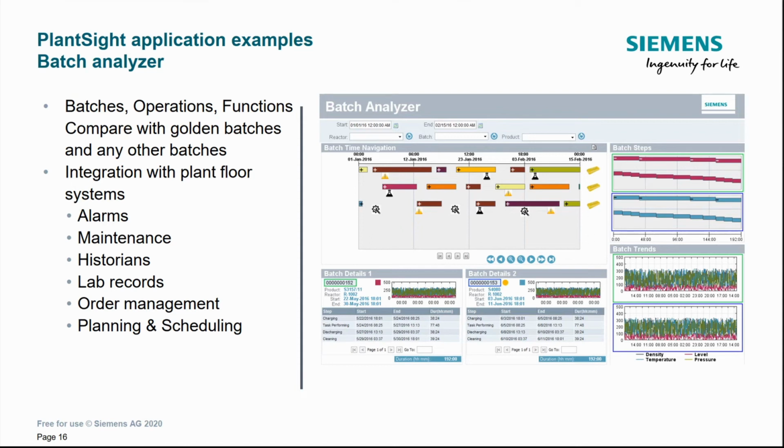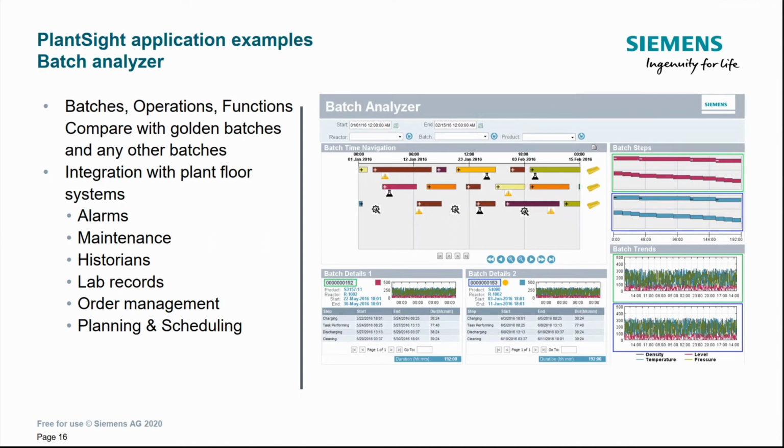So we have customers that compare their actual batch with the golden batch, with data coming from different countries, from different DCS or SCADA suppliers, getting all the data into our system, making it available here, and then comparing the different batches with each other.